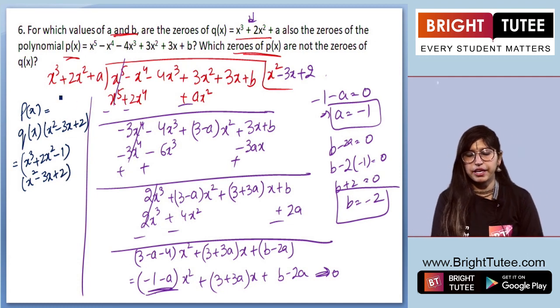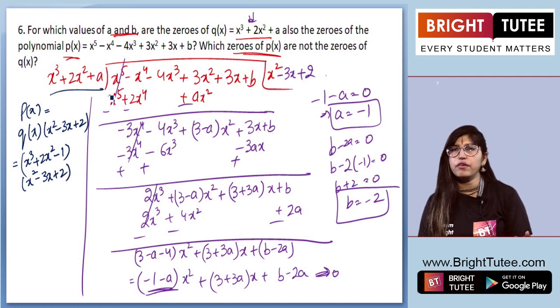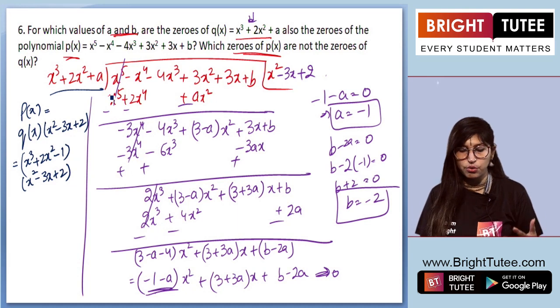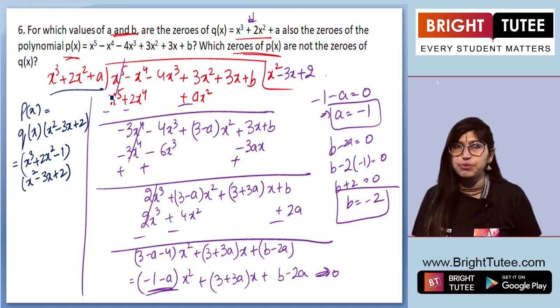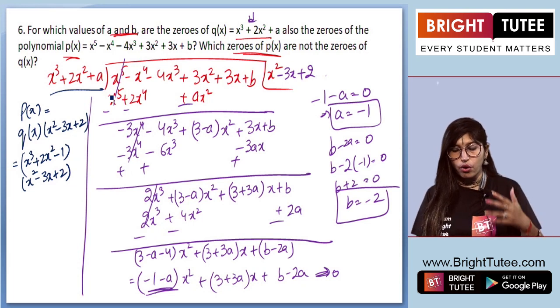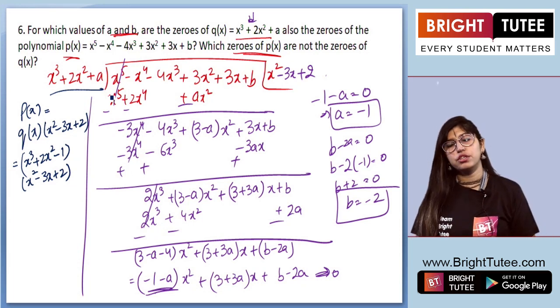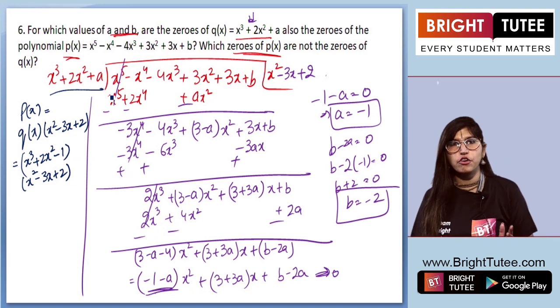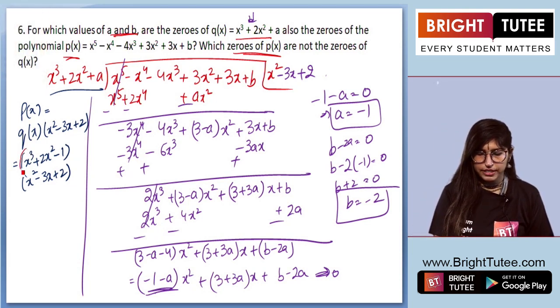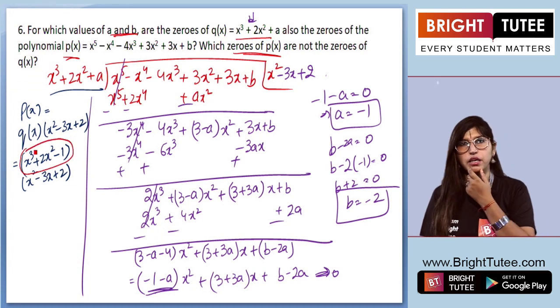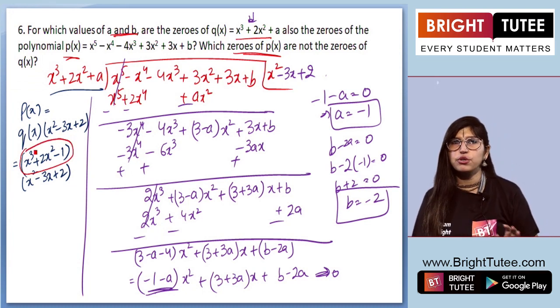Now we know that x^3 plus 2x^2 plus a is actually the factor of p(x) as well. Now they ask what are the zeros which are not the zeros of q(x) but are the zeros of p(x). So ultimately, x^3 plus 2x^2 minus 1 would be the factor of p(x) and q(x) both.